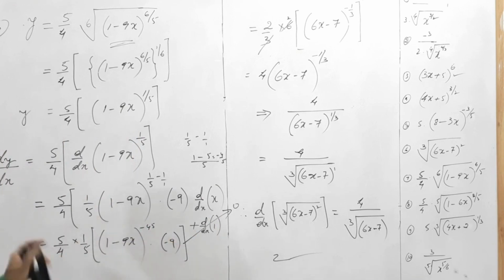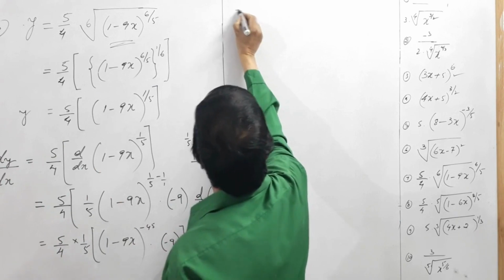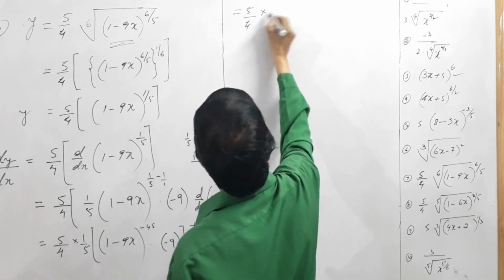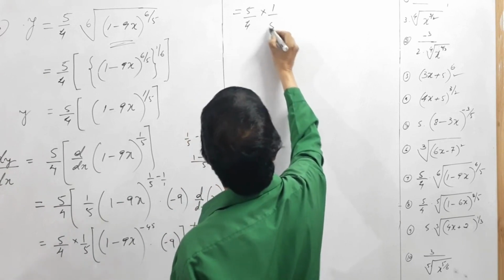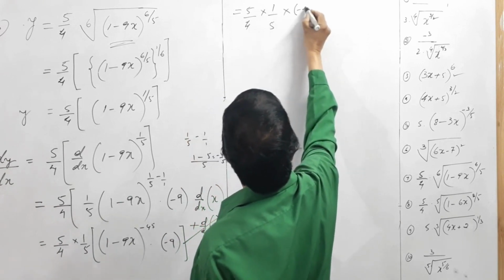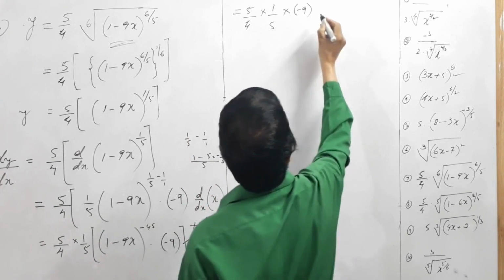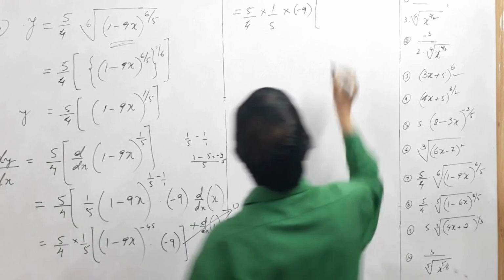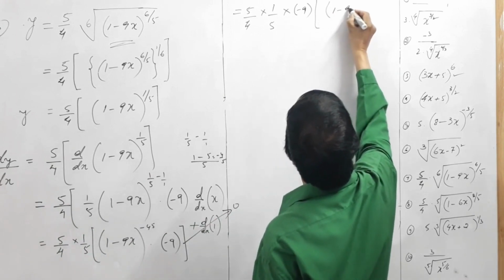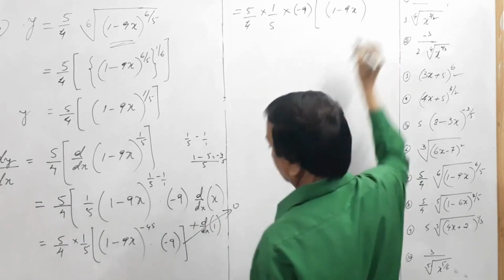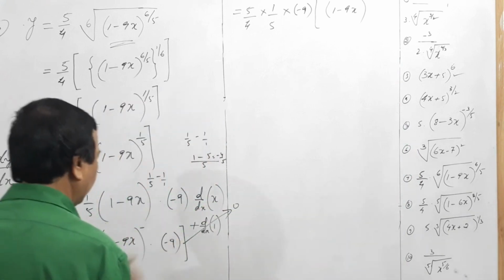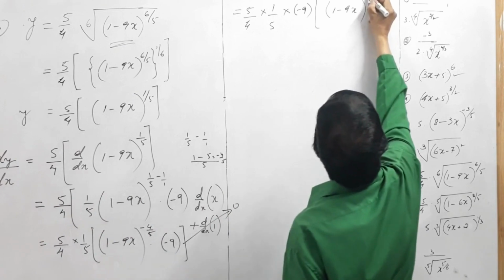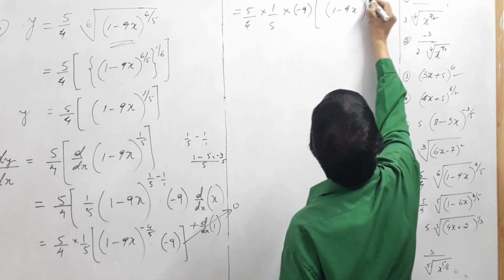So we'll take this 9 also outside. So we have that equals 5 by 4 into 1 by 5 into minus 9. We have left 1 minus 9x to the power of minus 4 by 5.